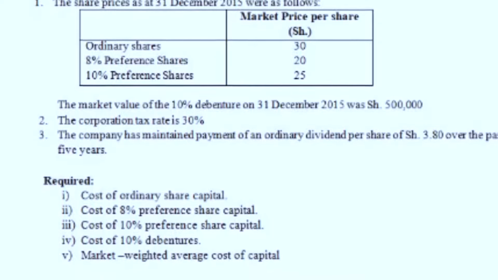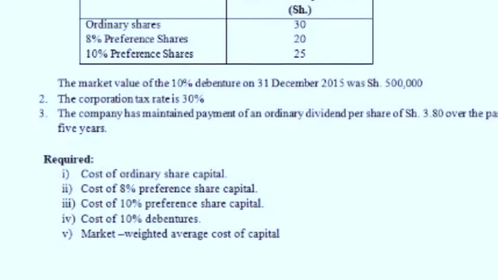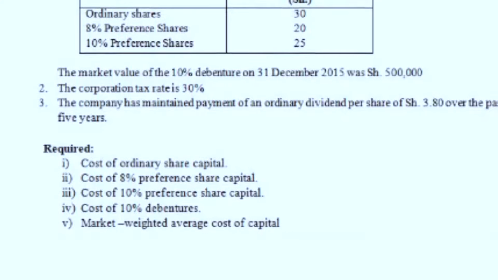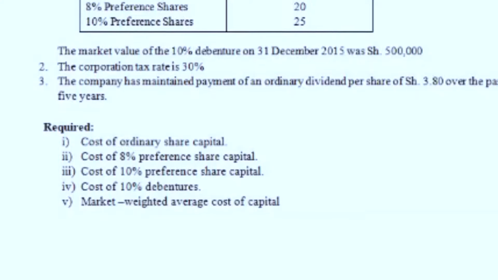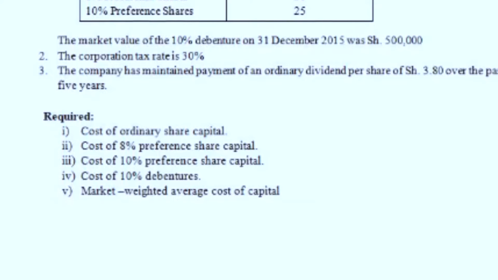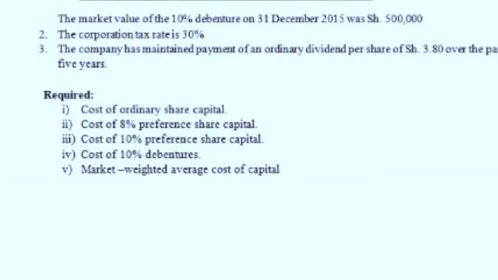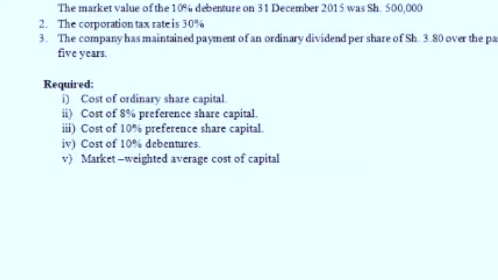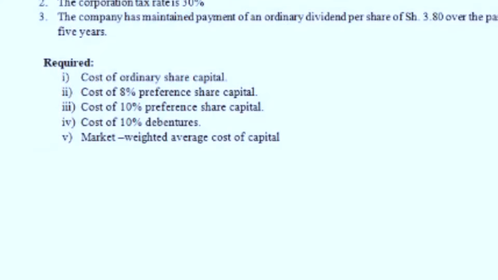The market value of the 10% debenture on 31st December 2015 was 500,000. The corporation tax rate is 30%. The company has maintained payment of ordinary dividend per share of 3.8 shillings over the past 5 years.